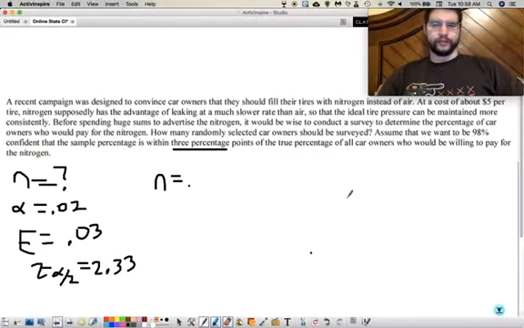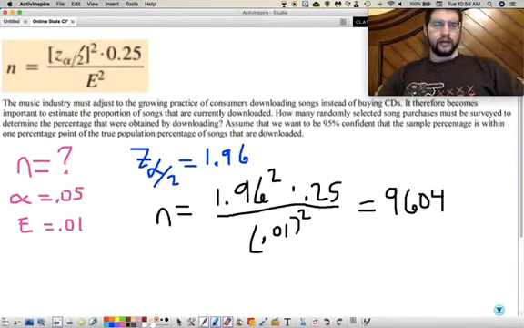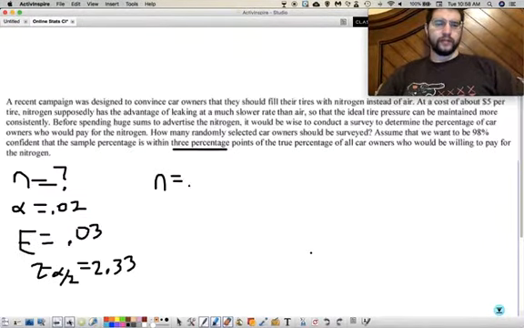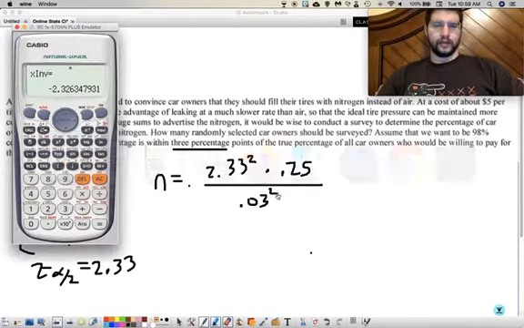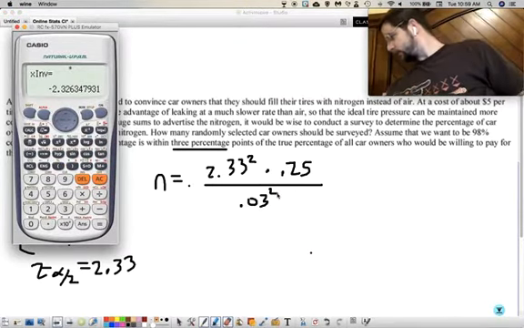Now, our formula, if you remember, square your z-score, multiply by 0.25, divide that by the square of the error.